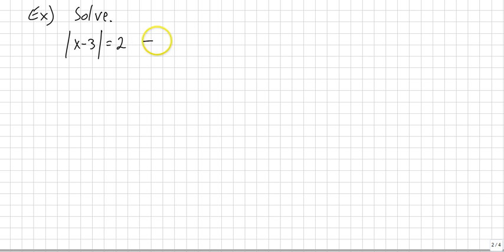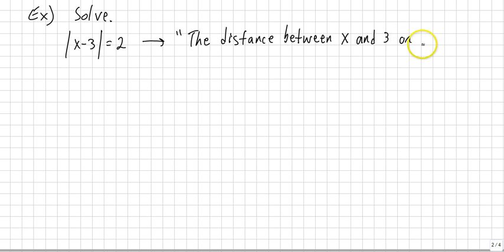This equation in words just says the distance between x and 3 on the number line is 2, and then we're being asked to find x.